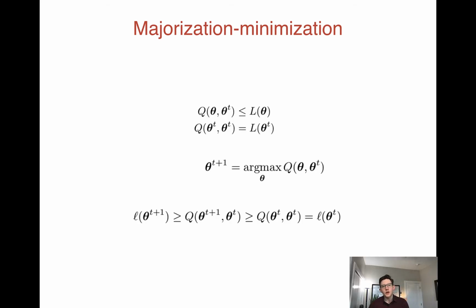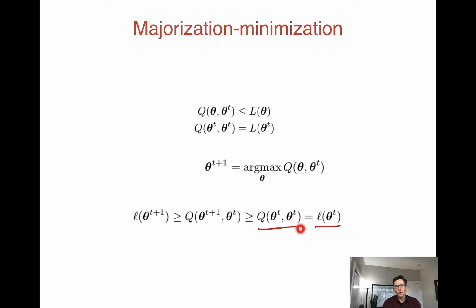It's not too hard to show that this is guaranteed to improve your objective, your log likelihood, with each iteration. So let's look at that. If we start with some parameters theta t, we can just rewrite that as Q of theta t, theta t.